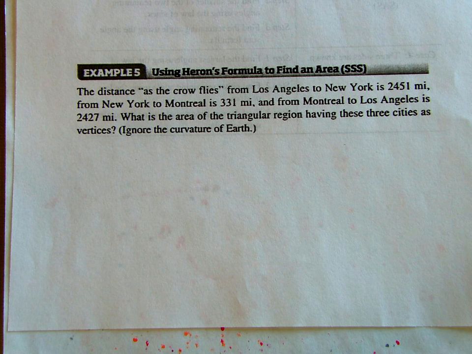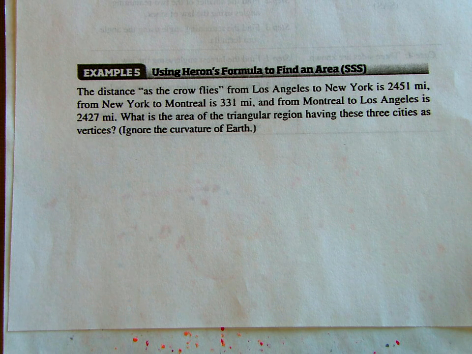So the distance as the crow flies from LA to New York is 2,451 miles. From New York to Montreal, it's 331 miles. And from Montreal to Los Angeles is 2,427 miles. What is the area of that triangular region having those three cities as your vertices, obviously ignoring the curvature of the Earth, because that would change things.